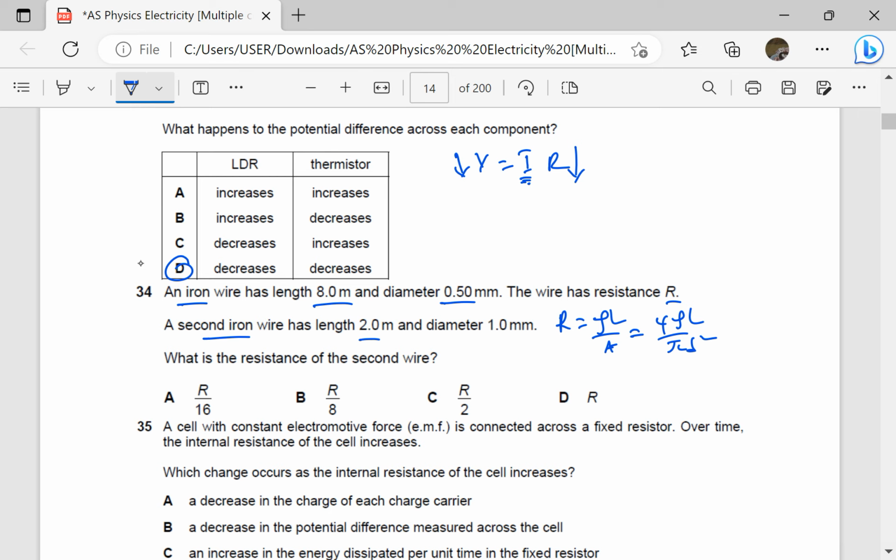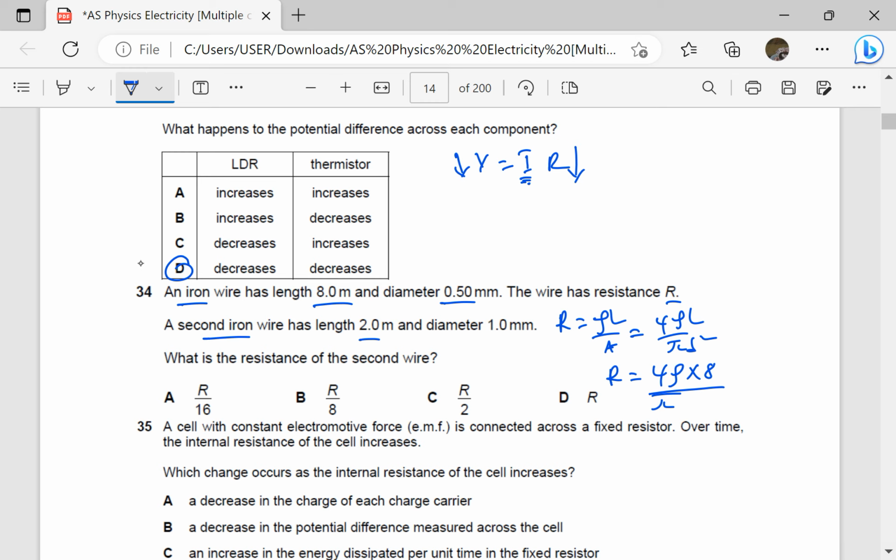So rho is the same. For the first wire, the resistance is going to be 4 times resistivity times the length 80 divided by pi. I will not change the units of diameter... you notice that the new value of diameter is in millimeters, so maybe let me change it, no problem.